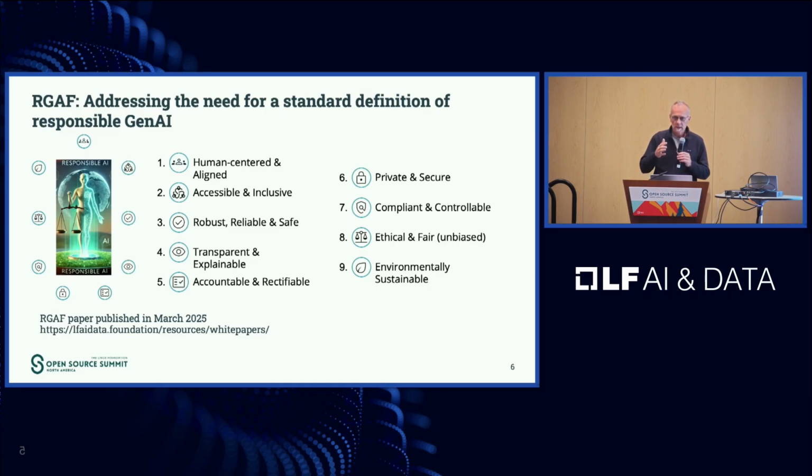The idea was, well, what can we do when it comes to responsible AI? There are plenty of concerns regarding AI, right? Ethical, bias, and so on. And so we figured, along the same idea as the model openness framework, if we could provide the industry with a guide on how to measure whether a model, an application, or an AI system is responsible or not, that would be helpful.